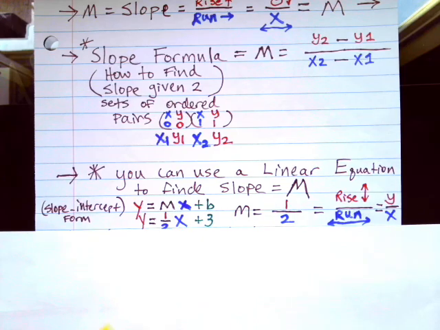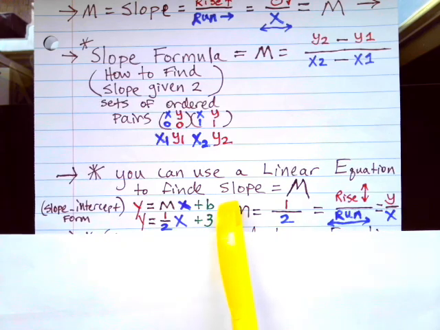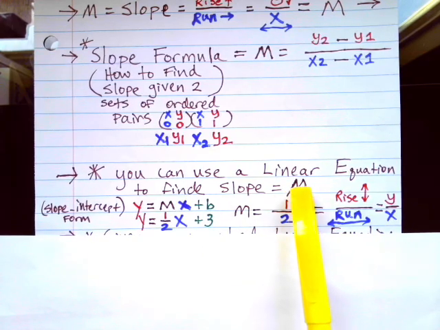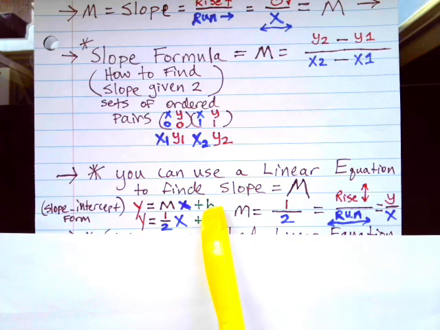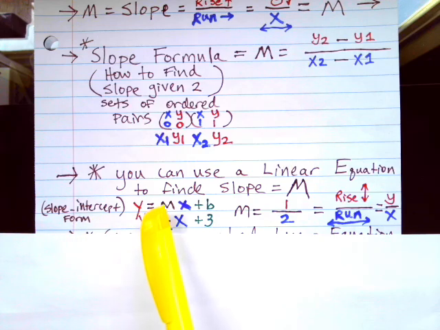You can also use a linear equation to find your slope and your y-intercept value, which is b. We talked about that before. Slope-intercept form, y equals mx plus b. Your m is your slope, your b is your y-intercept.